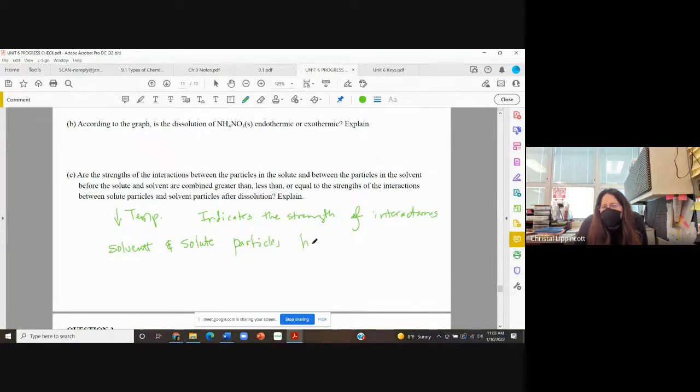Have more energy after the dissolution or before? Well, that's between the solvent and the solute. Then the particles, then the energy between the solute and solvent.